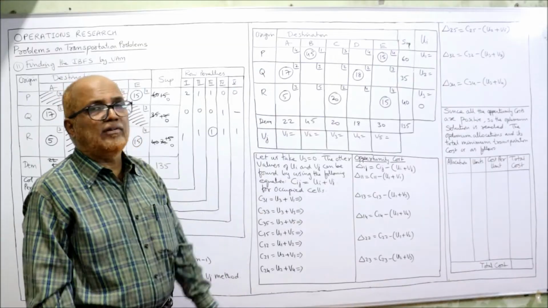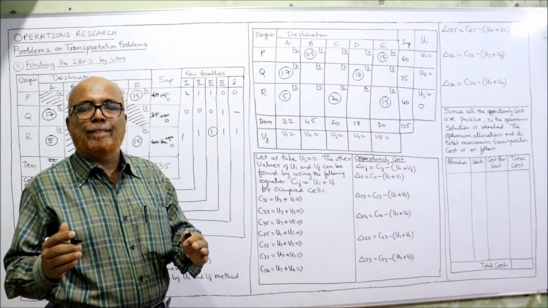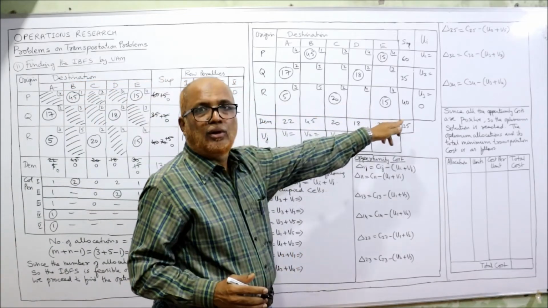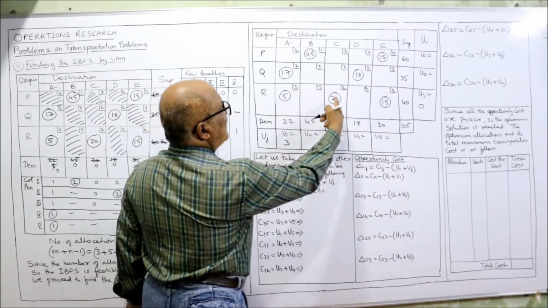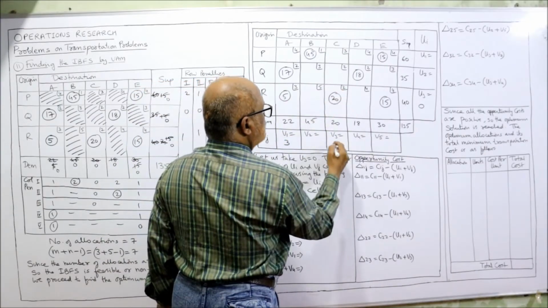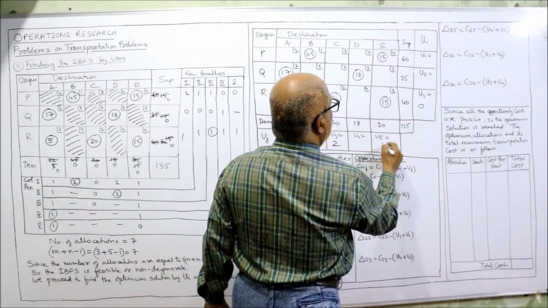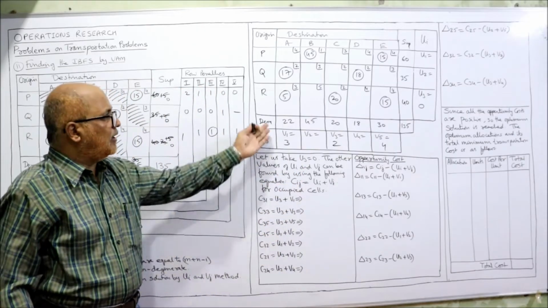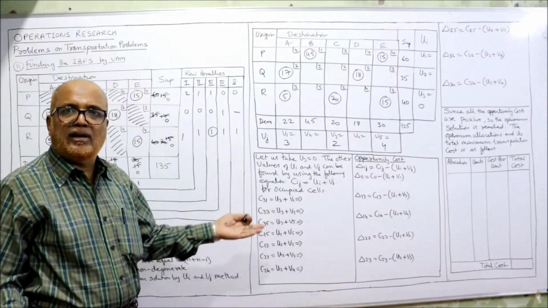Why can't we take u1? u1 you can definitely take, but I want to save time, because we have 3 allocations in this third row. So easily I can find v1 as 3, then v3 as 2, and v5 as 4. So without applying the formula, I got 3 values ready-made.